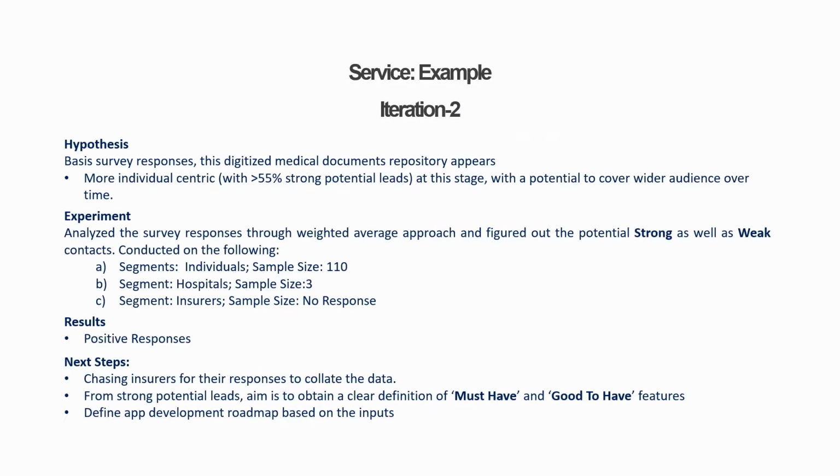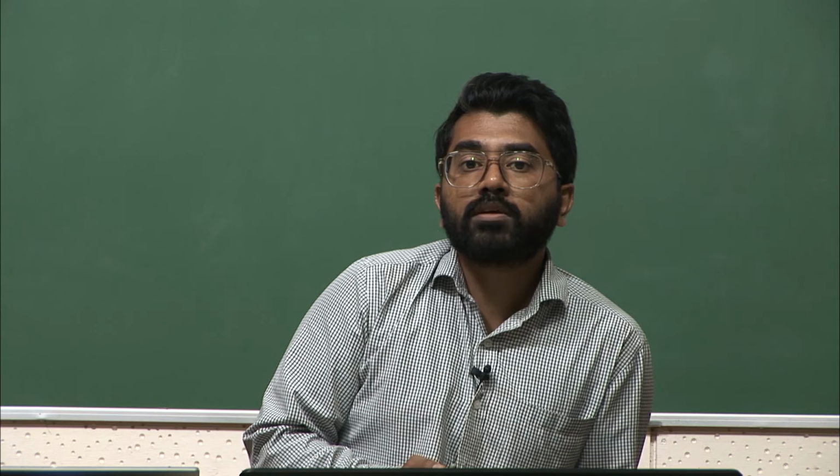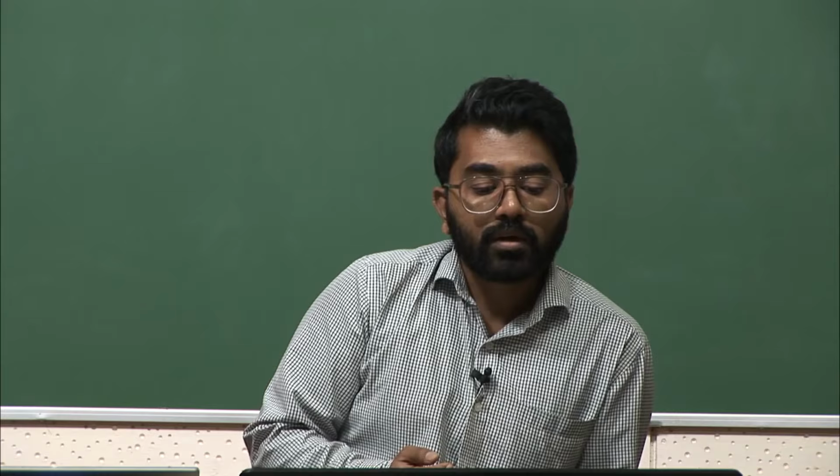So, iteration 2 was based on the survey responses: the digitized medical documents repository appears more individual centric. What they found out through their initial first week of hypothesis or survey is that this sounds like something the hospital administration is not very interested in or probably will not be in a position to pay for, but at an individual level this may be something they can monetize, right.